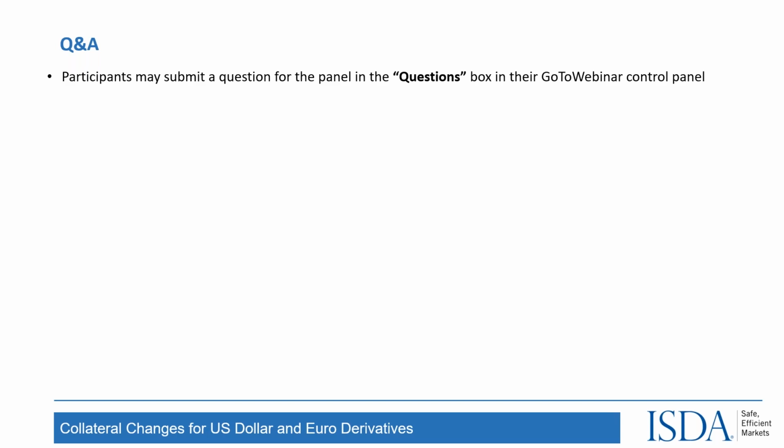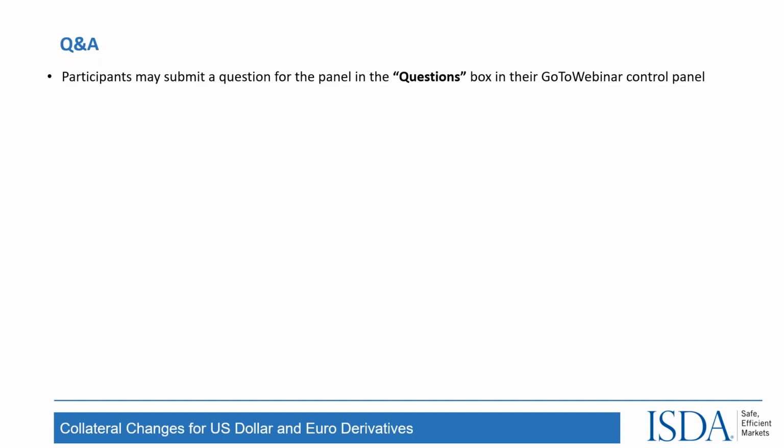It is possible that firms might contemplate splitting transactions into two collateral pools and collateralizing legacy transactions under one CSA, which continued to use Fed funds, and then having a separate CSA which collateralizes transactions using SOFR as the interest rate.